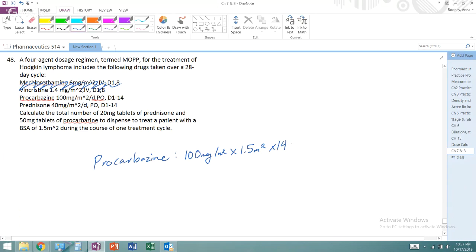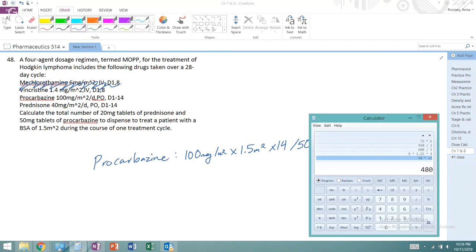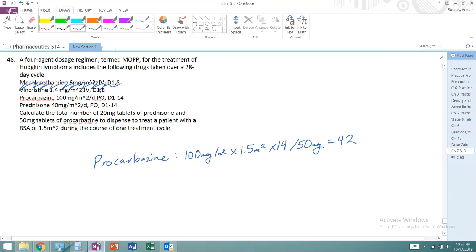And then that is divided by 50 milligram tabs. So 100 times 1.5 times 14 divided by 50 equals 42 tabs.